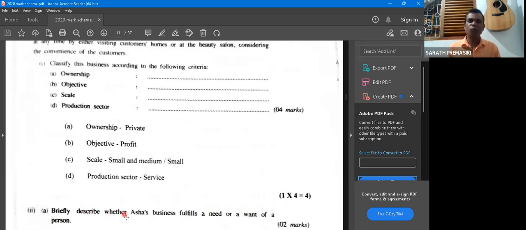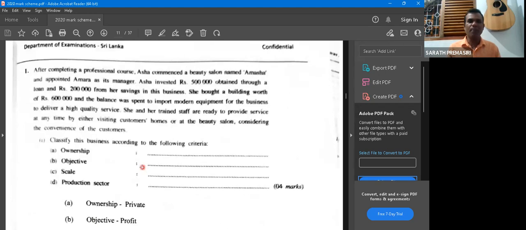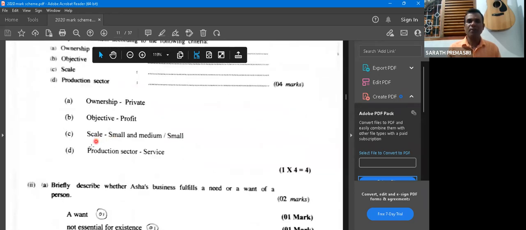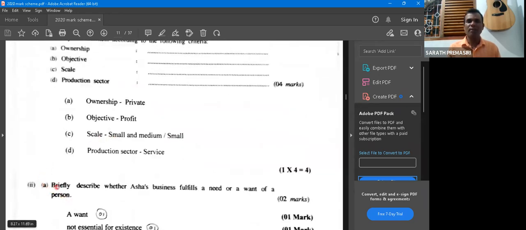Now look at the paragraph. After completing a professional course, Asha commenced a beauty salon named Amasha and appointed Amar as her manager. Our question is, now look at that. Briefly describe whether Asha's business fulfills a need or a want.